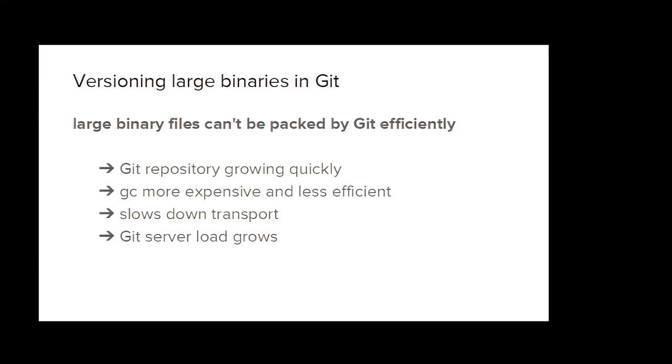The main reason is that binaries can't be packed efficiently because the pack algorithms work perfectly well on text, but not on binaries. So the repositories grow very quickly, so all the Git operations get expensive. And of course, you have to transfer all the data when you do a clone. This is the main impact. And this also increases the load on the Git server.